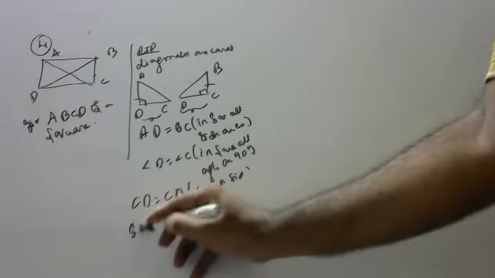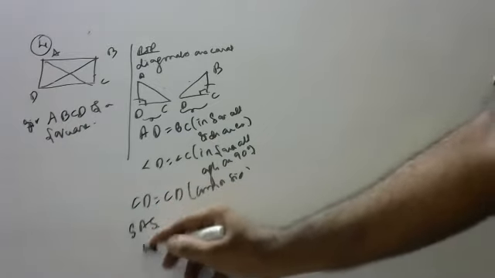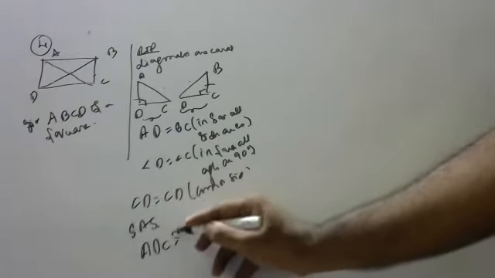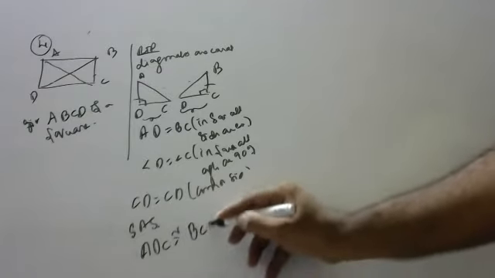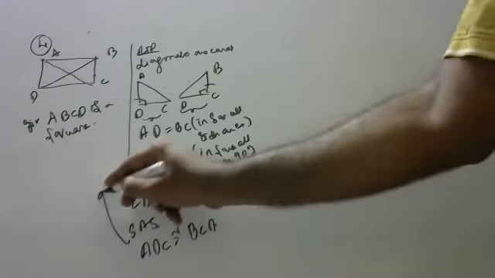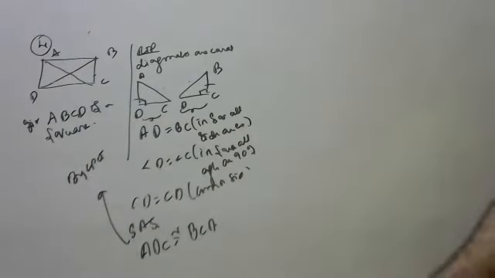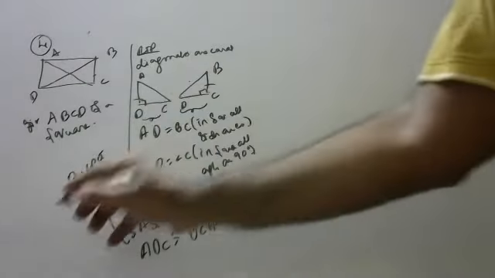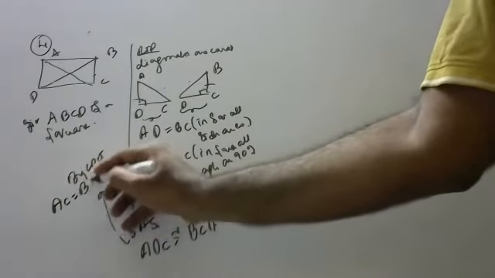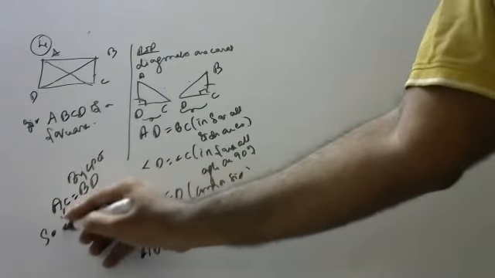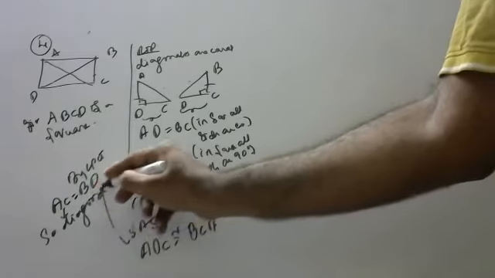By SAS, triangle ADC is congruent to triangle BCD. So by CPCT, all sides are equal, all angles are equal. Therefore, AC is equal to BD. So diagonals are equal.